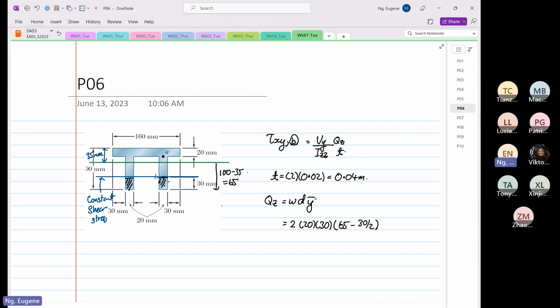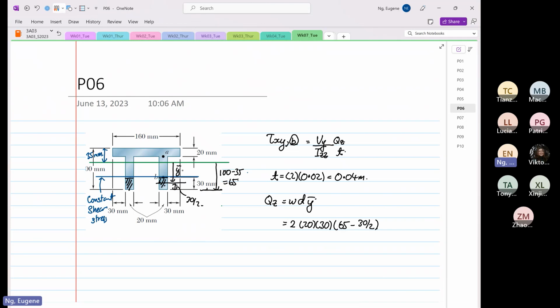Because this is our y bar, we know that the distance from here to here is 65, and the distance from here to here is 30 divided by 2.